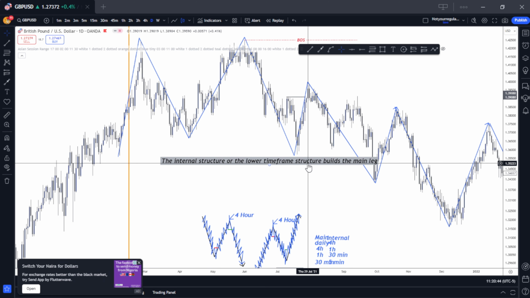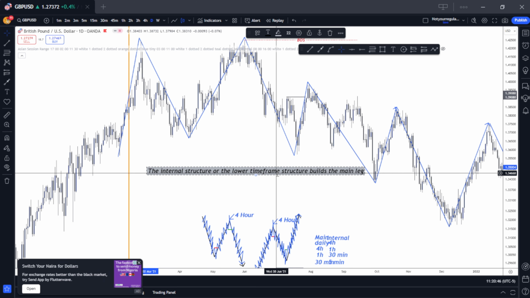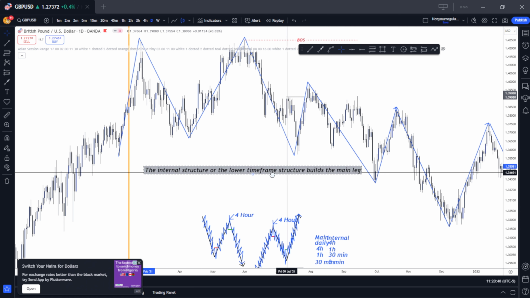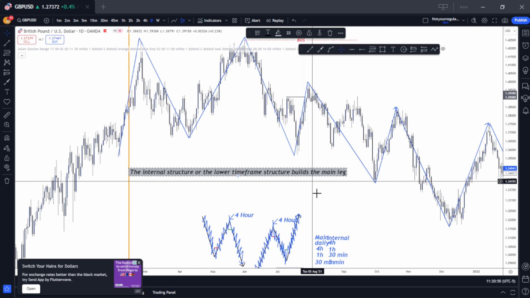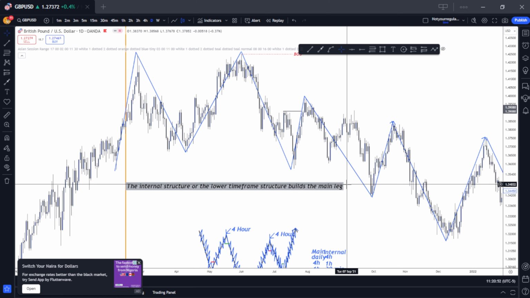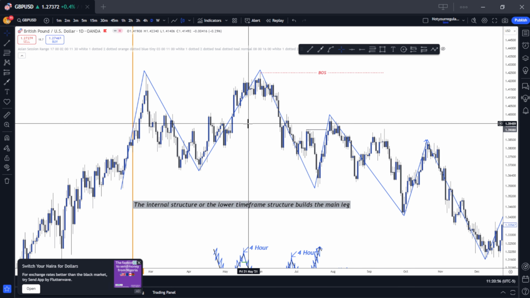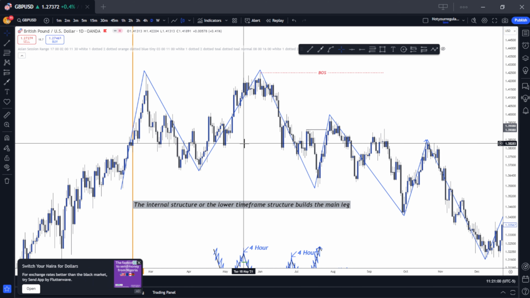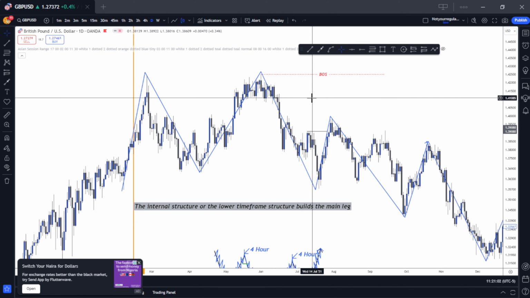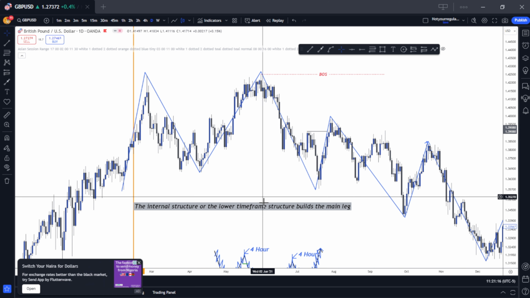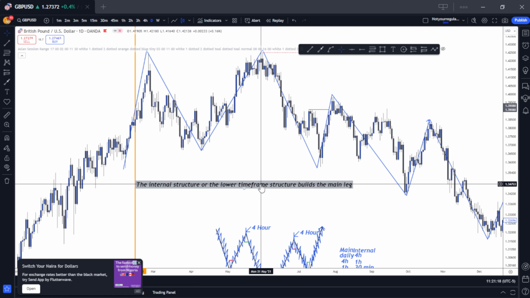Please note this. The internal structure, or the lower time frame structure, is what builds the main leg. So let us now mark out the internal structure, knowing that the daily is our main structure.